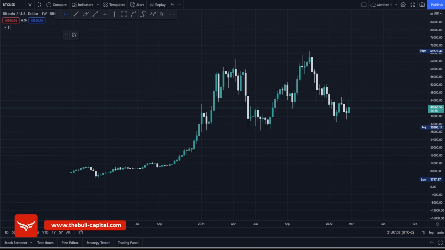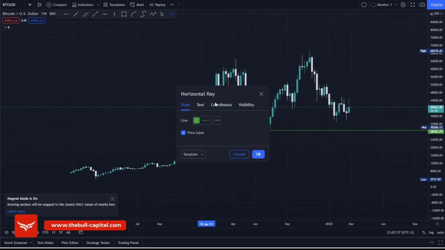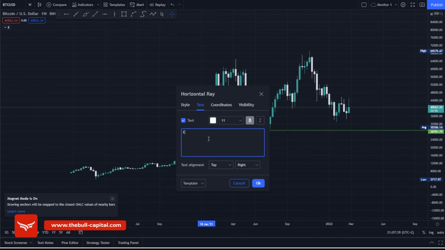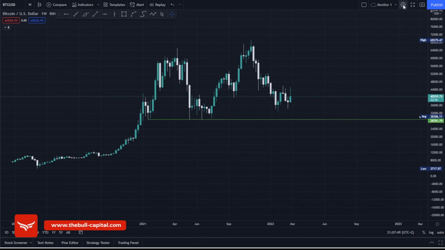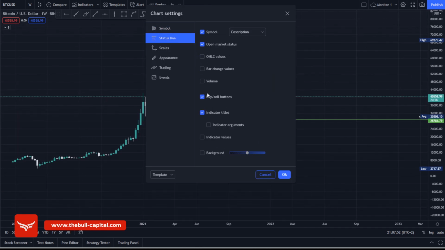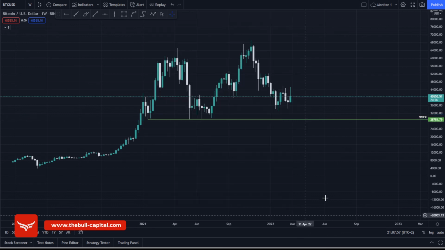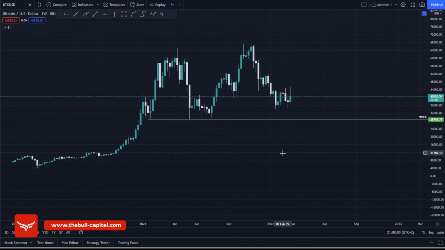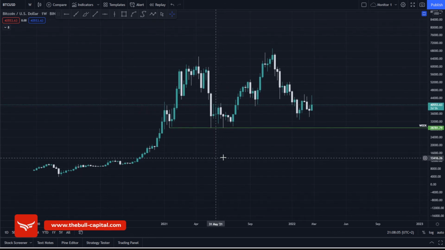If I mark this here, this is a weekly level. You can double click on this and right here you know that this is a weekly level. It shows here week. So now we know that this is a weekly level, which means it's strong.